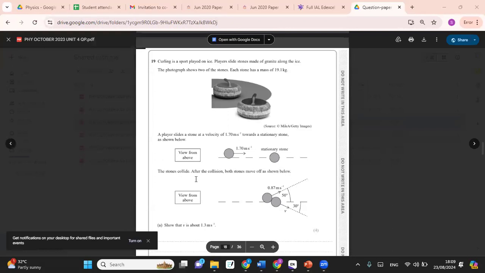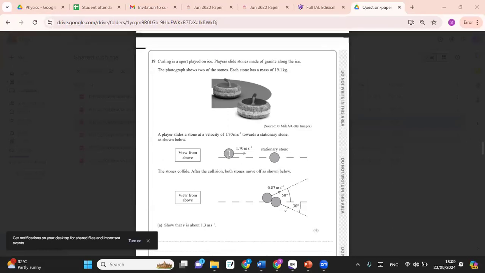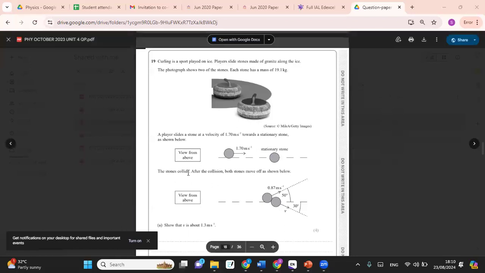The stones collide. Before the collision, we are only seeing momentum in the horizontal direction, because object number 2 is stationary and object number 1 is traveling horizontally. Now, the stones collide.